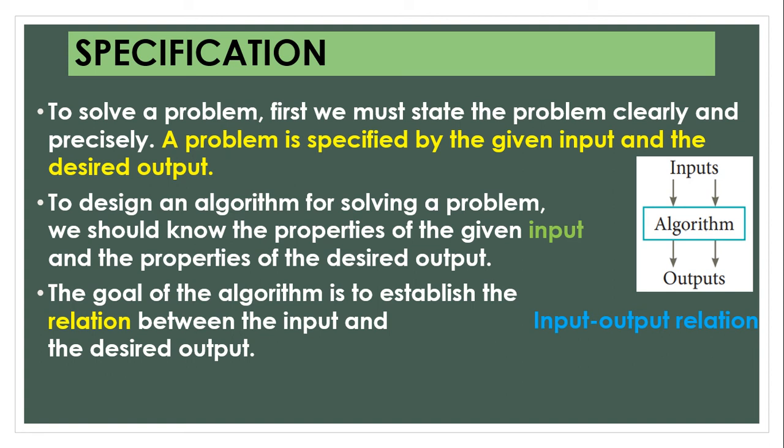The goal of the algorithm is to establish the relation between the input and desired output. So when you process the input, you will get the desired output. So there is a relation over there. So if you use the correct properties of both input and output, automatically the relation will be created and we will get the desired output.